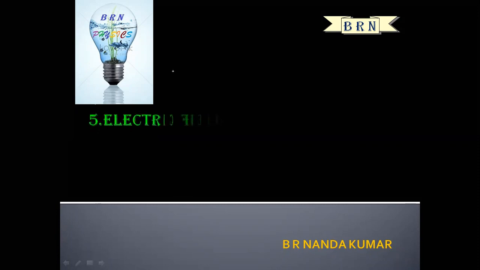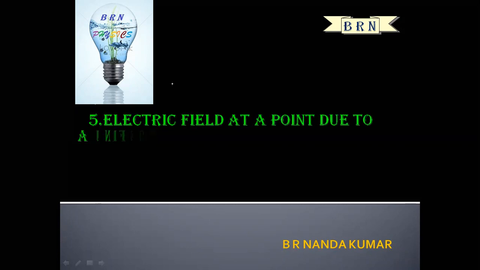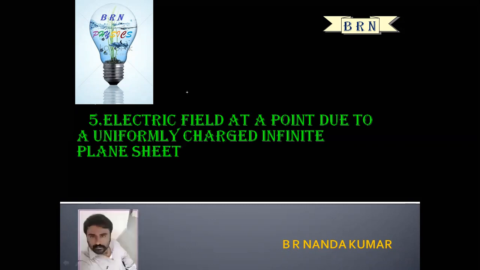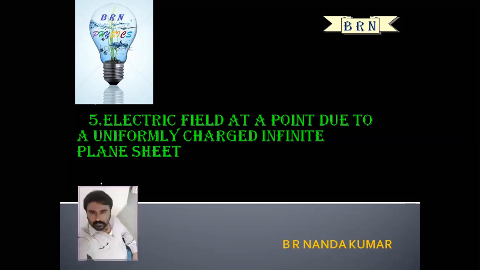Today I am going to discuss the fifth very important 5-mark derivation in electric charge and electric field. That is the electric field at a point due to a uniformly charged infinite plane sheet.